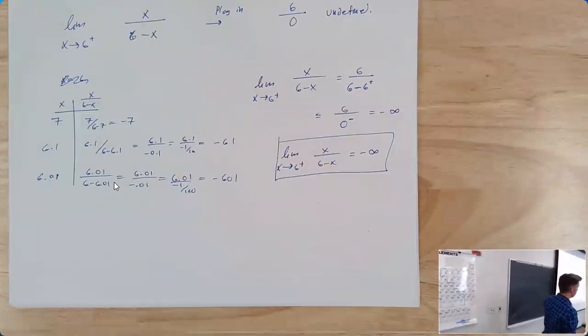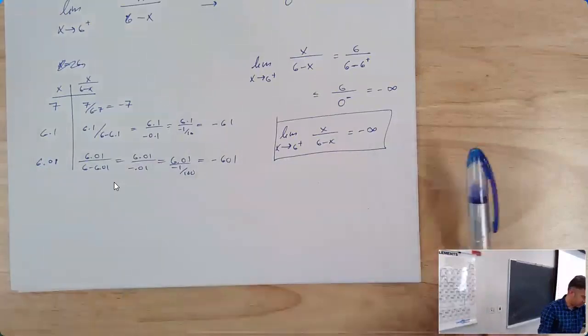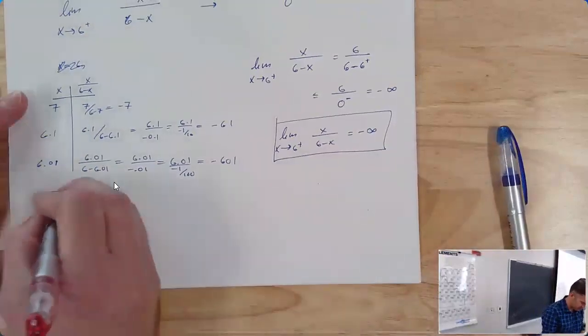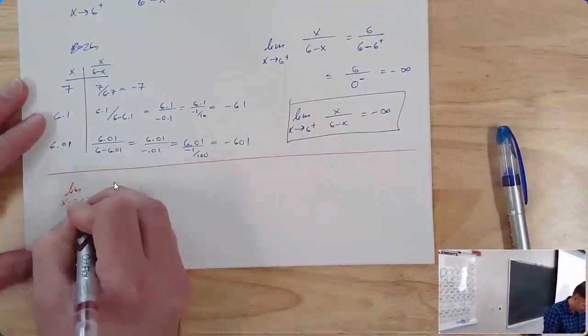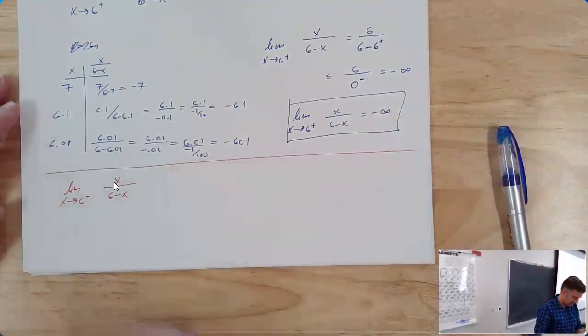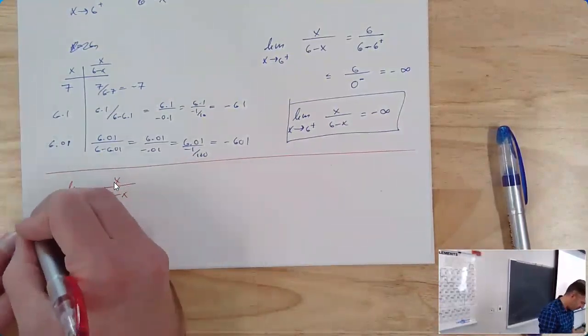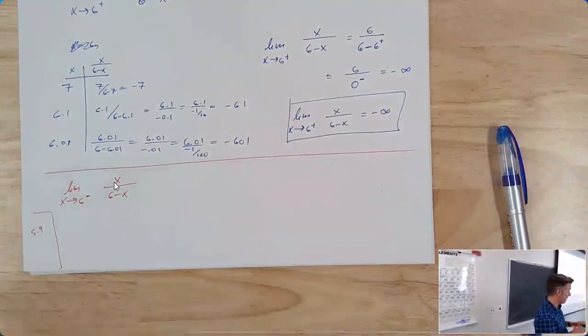I don't think you even have to use the table personally. So let me just show you the other side, so let me show you really how much work I would actually do if I was asked to do this question. If I was asked to find the limit as x approaches 6 from the left-hand side of x over 6 minus x, I would be thinking off onto the side, I'm thinking like 5.9. I'm not actually going to plug in 5.9, but that's what I'm thinking.